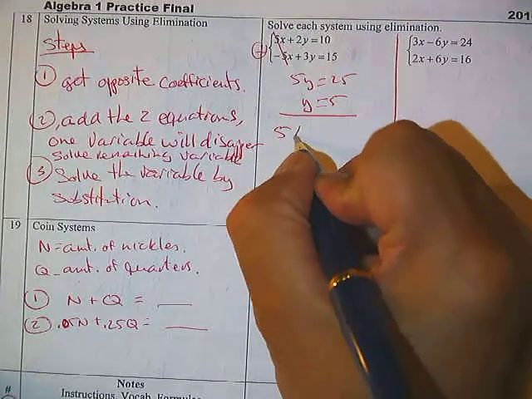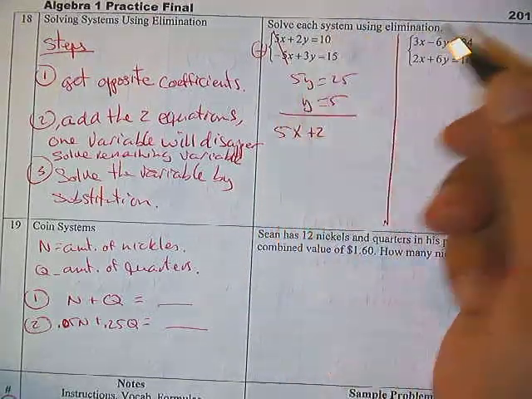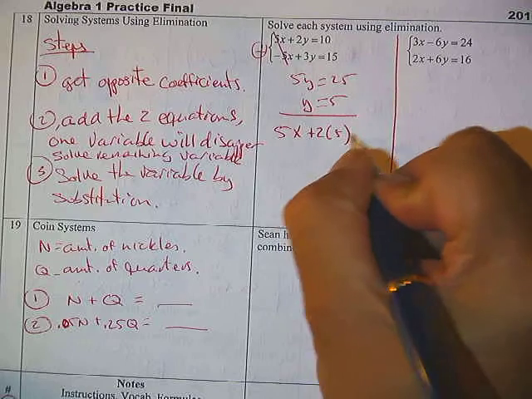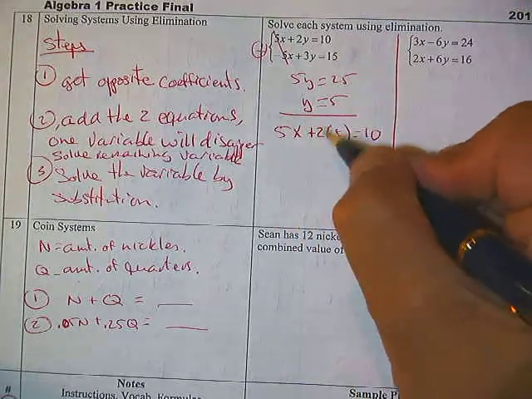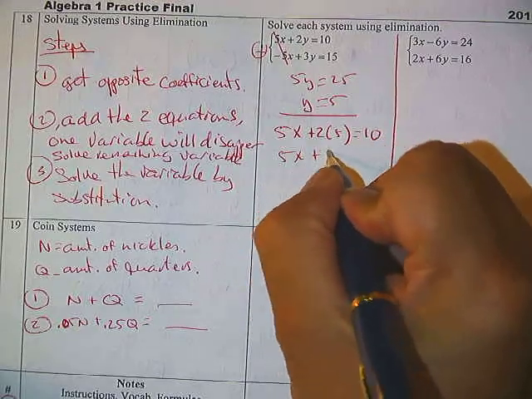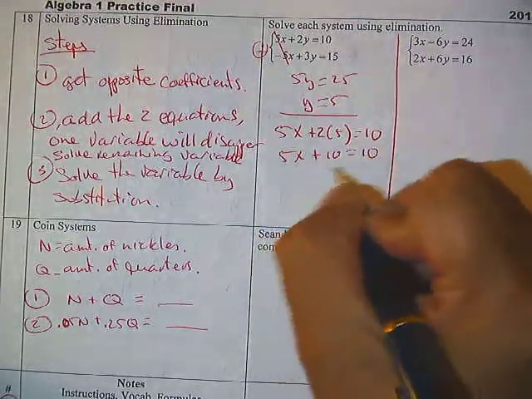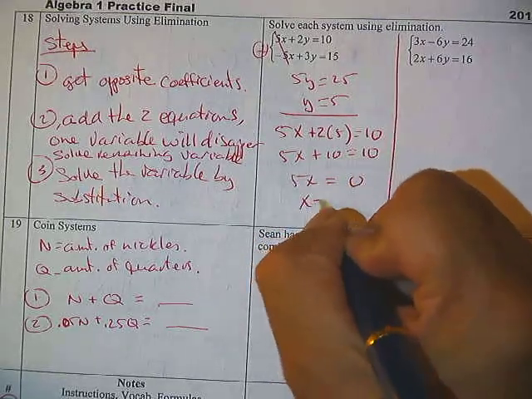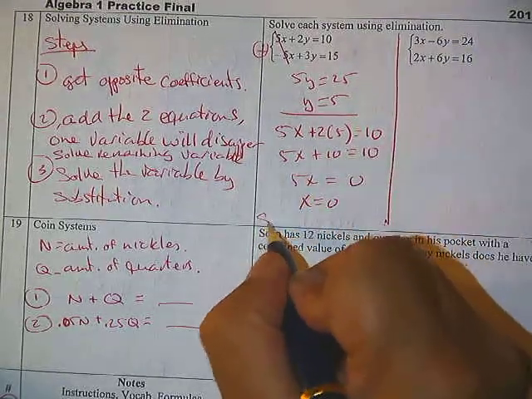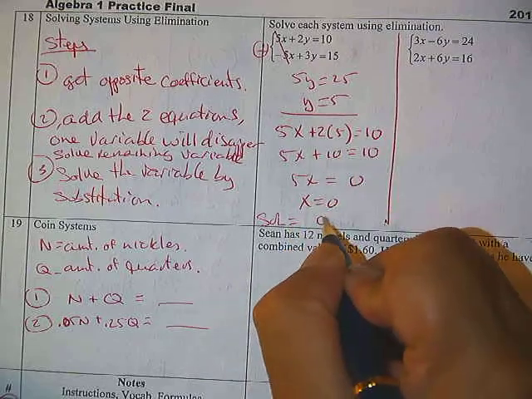So let's try this one. You can see when you add the two equations together, the x will go away, and then you end up with 5y is equal to 25. Then you can see that y is equal to 5. And then to solve for x, you can plug into the top equation or the bottom equation. It doesn't matter, it gives you the same answer. I choose the top one.